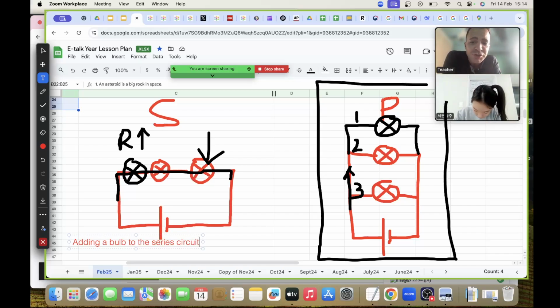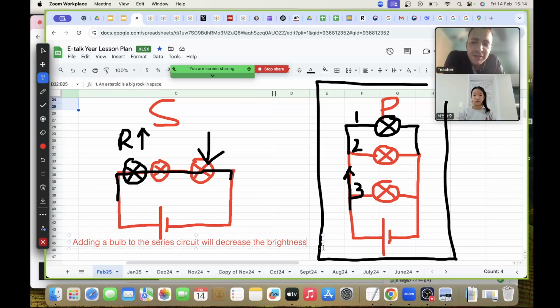Adding a bulb to the series circuit will decrease the brightness. Series circuit will decrease the brightness.